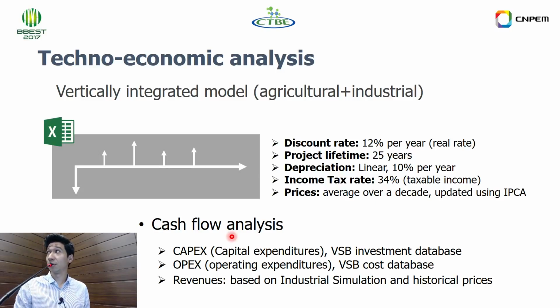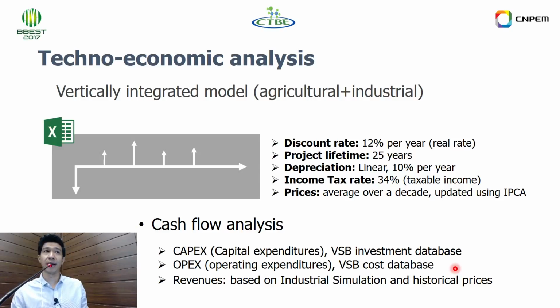In order to finish the cash flow analysis, we have to keep in mind that we need 3 main inputs. The first one is this arrow, pointing straight down to the bottom. It represents the investment we have to make in buildings, equipment, and so on. Cash flow analysis also depends on the operating expenditures.